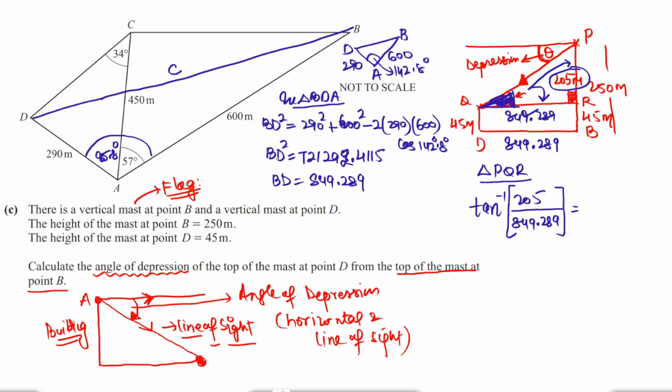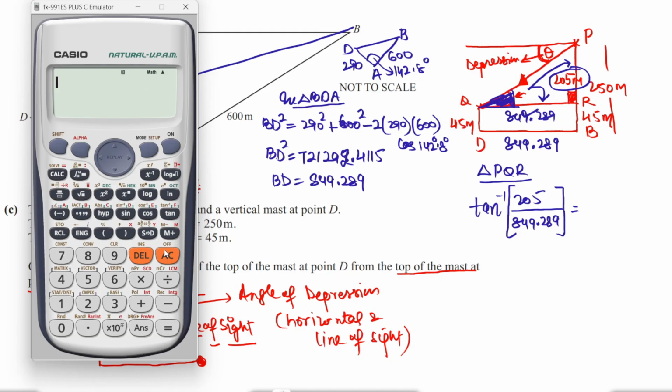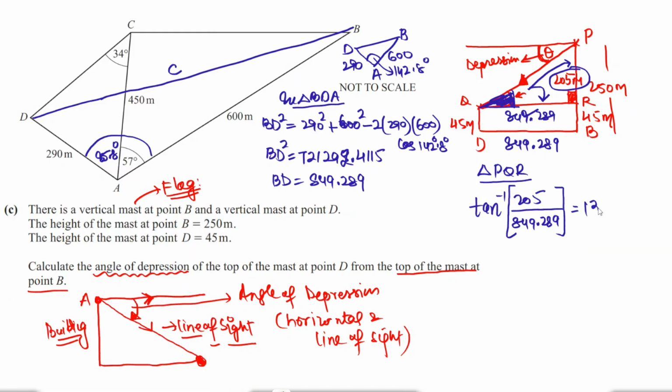Okay, let us use the calculator again. We got shift tan inverse, fraction, 205 over 849.289. Always try to avoid rounding off in between the problem, okay? And we got 13.570 degrees.